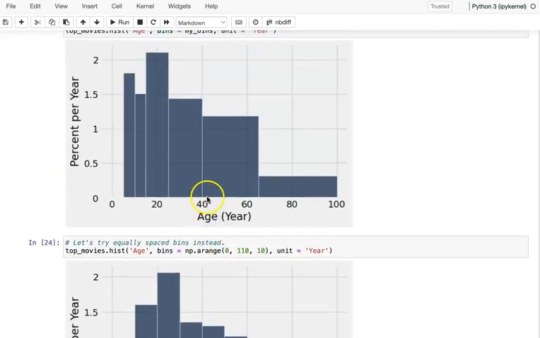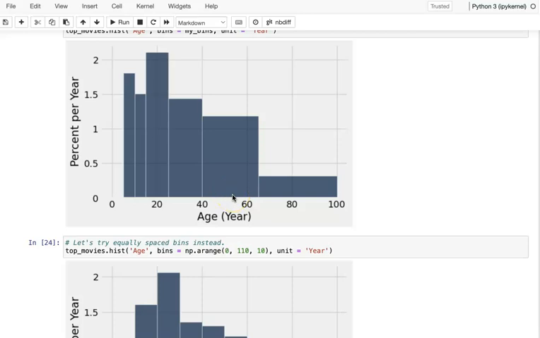Can you find the height for 40 to 65? Since we already know the width is 65 minus 40, which is 25, the most important thing is we need to find the area for this bin.